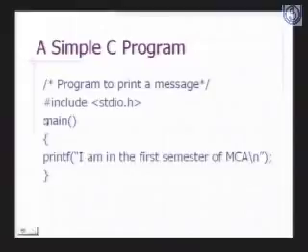Then the main program starts with the keyword main, with parentheses, and the program statements start with a curly brace. We can write as many program statements as there are, and then end the program with a curly brace. This particular program will give the output on the VDU: I am in the first semester of MCA. So this is the output that we will get after the execution of this simple C program.